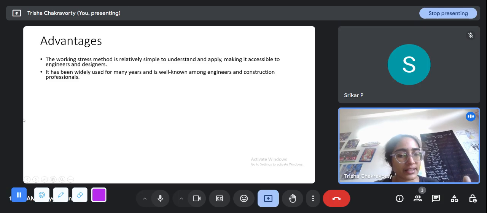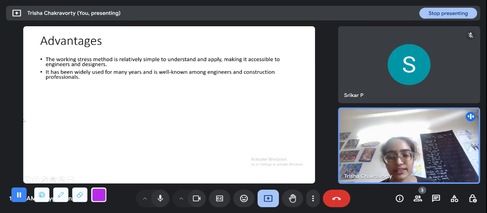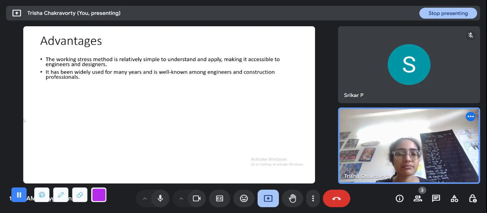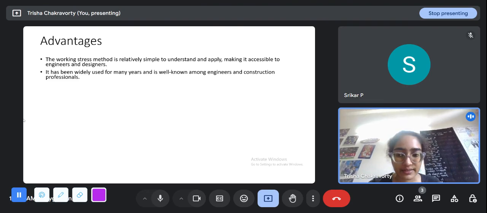They have a lot of experience, and they generalize a lot of those methods. Since they have years and years of experience, the working stress method is ingrained into them. So a lot of construction practitioners probably still will put the reinforcement inside concrete based on their experience from 30 years back, and that was based on the working stress method.